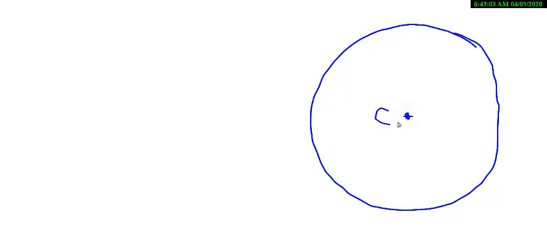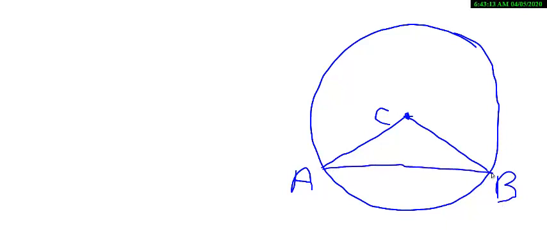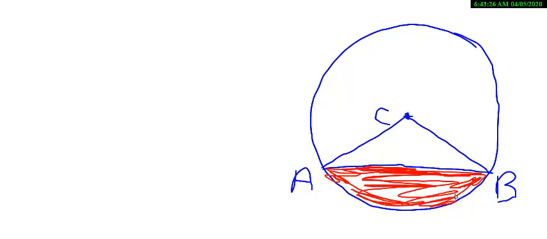I'm going to draw the sector bounded by arc AB, and I'm going to line up AB, which is the chord. The red area stands for the segment. I need to find the area of the segment bounded by the chord AB and the arc AB.